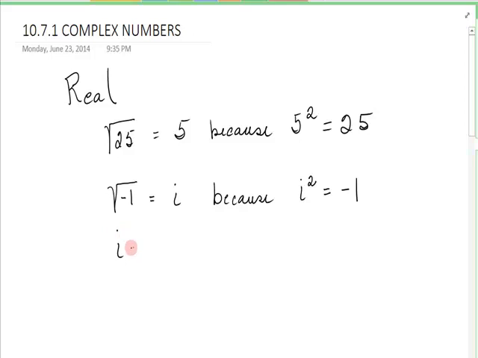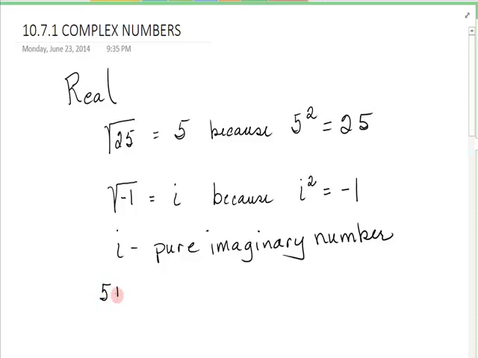i is called a pure imaginary number. There are numbers that have really two components to them. There are numbers that look like 5 plus 3i.